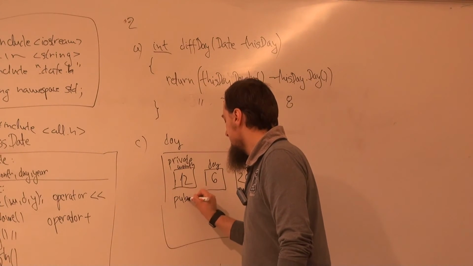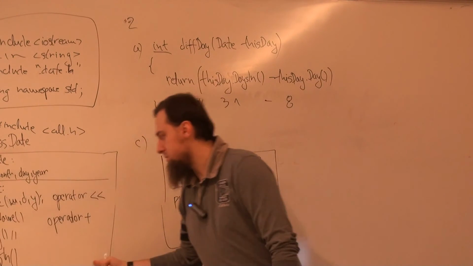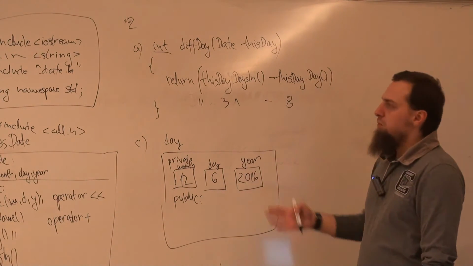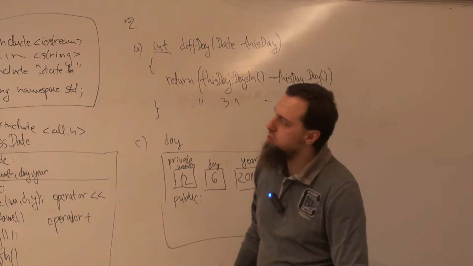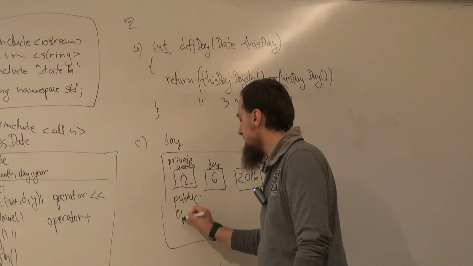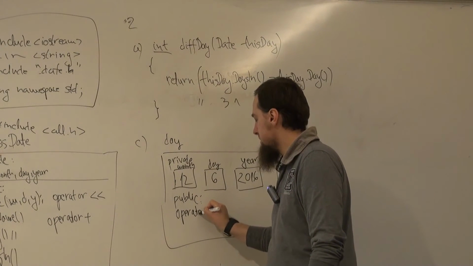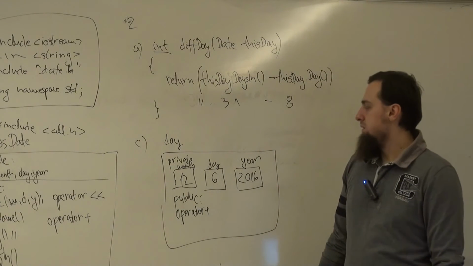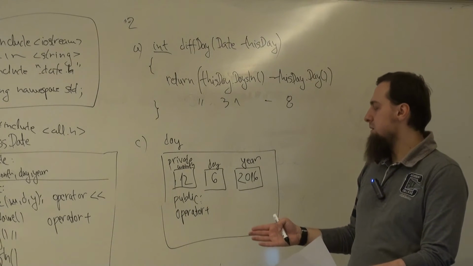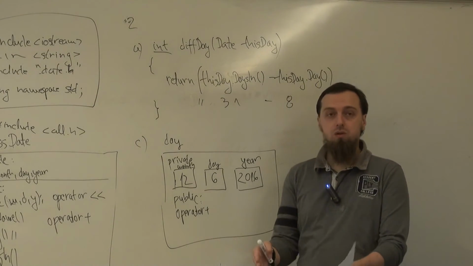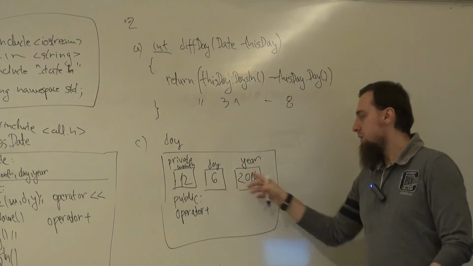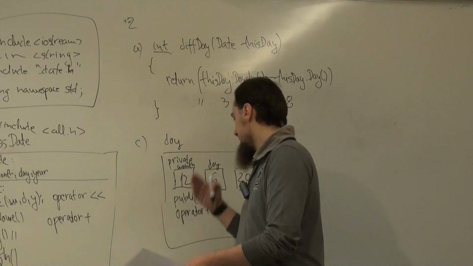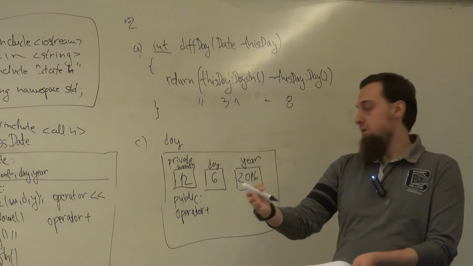And what do we have else? Public. We have all of those guys, all of the functions defined here. We are going to use in this case only the operator plus, which takes an integer as a parameter, returns a date, not a day, and the date that is going to be returned is this day here, incremented by the number of days, the parameter we have sent.